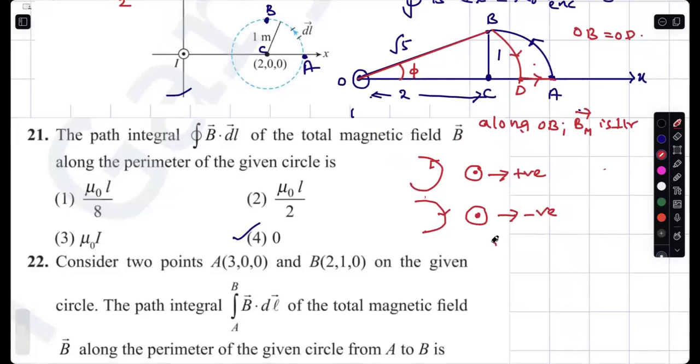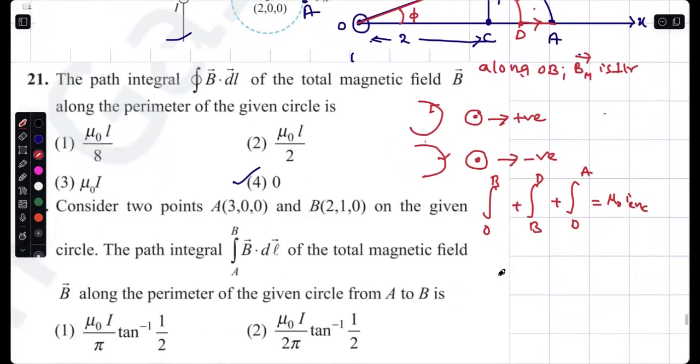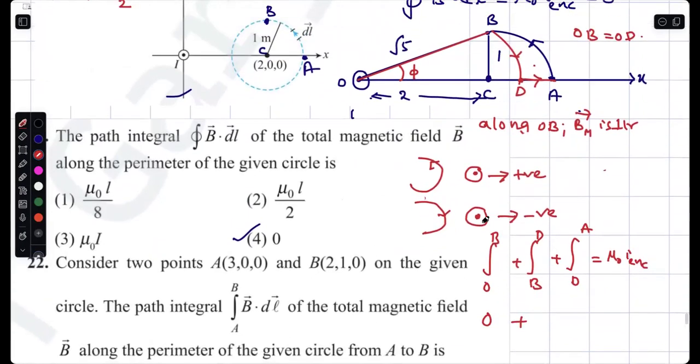Now I am going along the path O to B plus B to D plus D to A is mu naught I enclosed. Clear? Anyway, this is 0 because along O to B, magnetic fields are perpendicular.